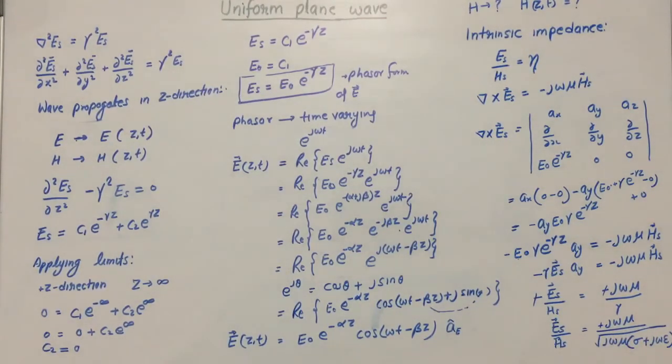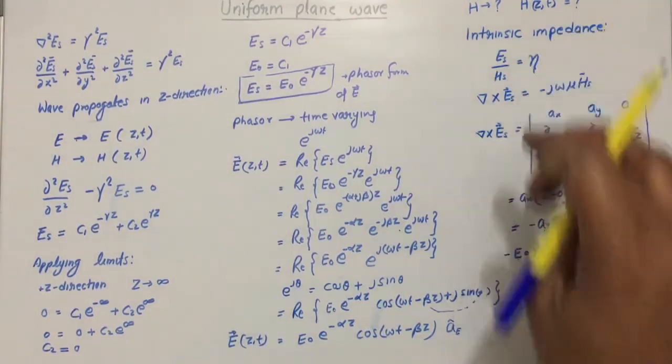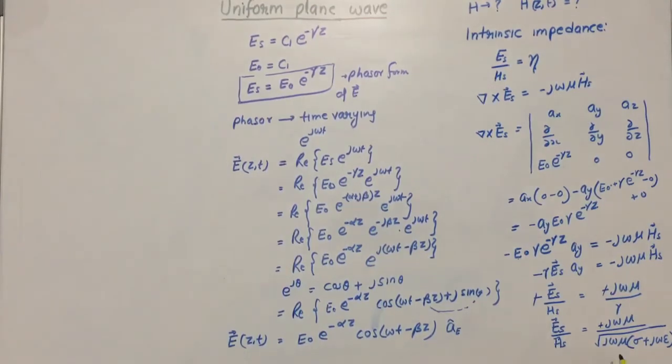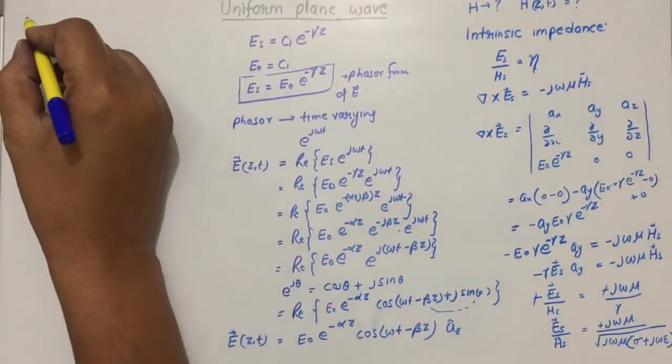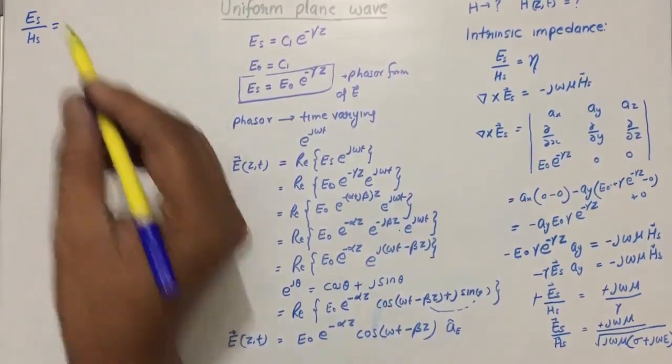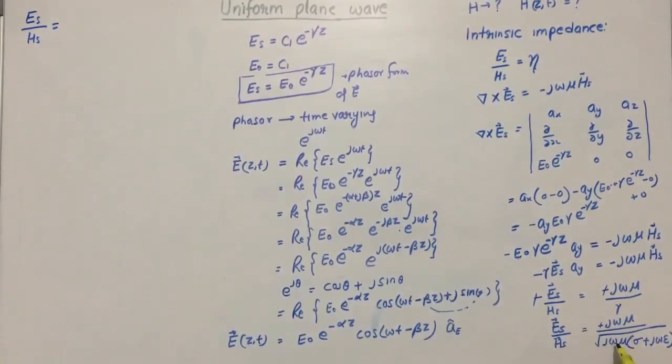Now this is okay, and if we simplify, then we can find a relationship that is nothing but the intrinsic impedance. Let us do that. Now the simplified form of Es divided by Hs: this part and this part will be cancelled with the half power.